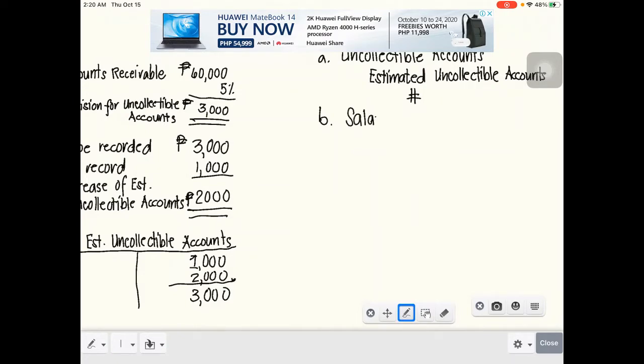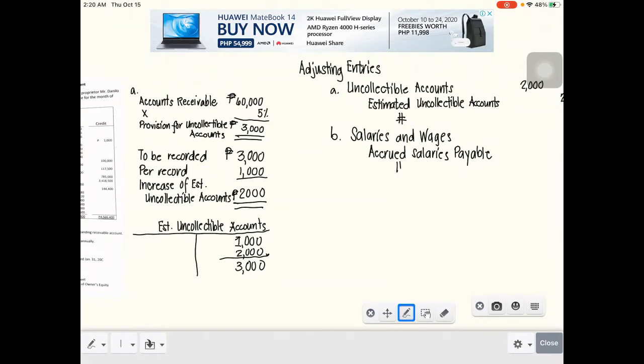So that is salaries and wages and accrued salaries payable. So how much is the accrued or unpaid portion? That is 8,000.